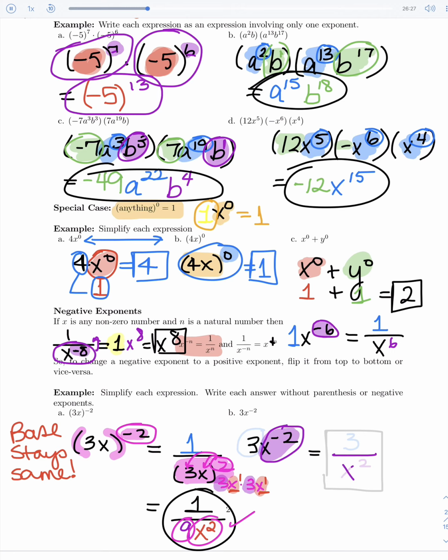When it moves to the denominator, the exponent becomes positive. Then the question is, what's hidden up on top? Well, we still have our 3 up on top because it never went anywhere, since it didn't have a negative exponent. So it stays on top. So our final answer for B is 3 over x squared.